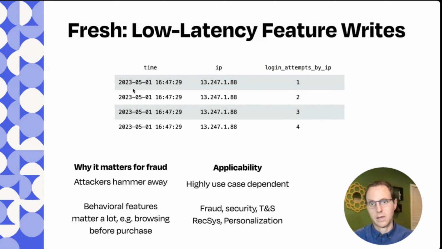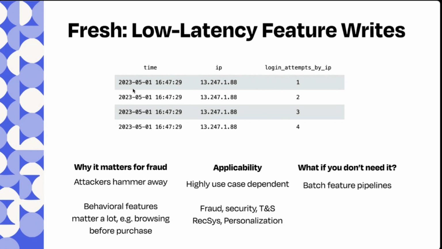It matters for things like fraud, security, trust and safety, but also session-based recommendations, personalization, conversion optimization, basically anything where really recent information about what the user is doing is relevant to your decision. And if you don't need it, then it makes things a lot easier, in that all you need is batch feature pipelines, which typically with existing infrastructure are easier to support.